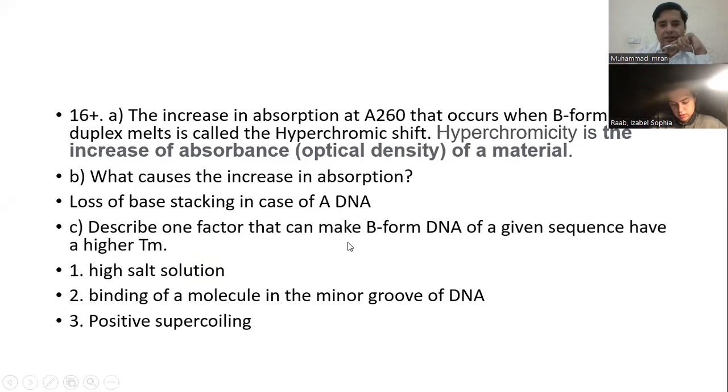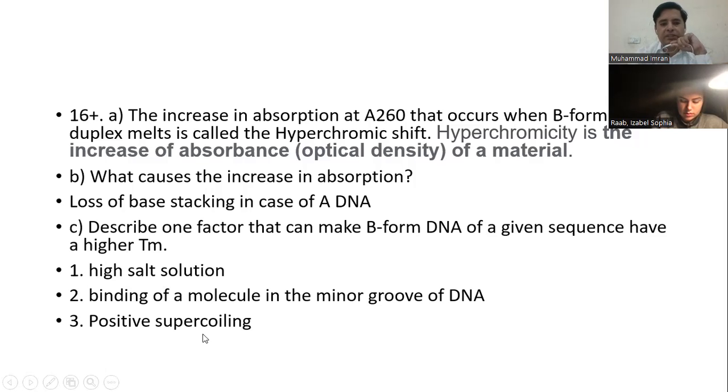Describe one factor that can make B-form DNA of a given sequence have a higher melting temperature. B-DNA can be converted into A-DNA when we have a high salt solution, due to dehydration. Binding of a molecule into the minor groove of DNA can also cause a high melting temperature.